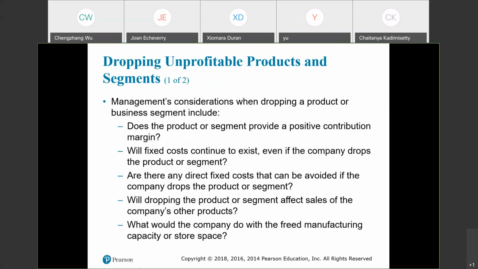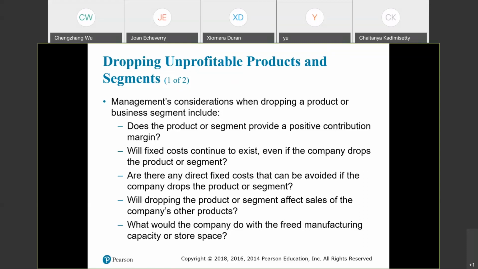Well, these are a list of the questions that the managers must consider when deciding whether to drop a product or business segment. These questions include: does the product or segment provide positive contribution margin?